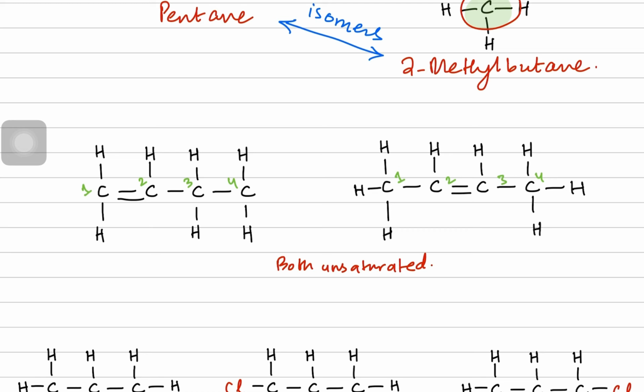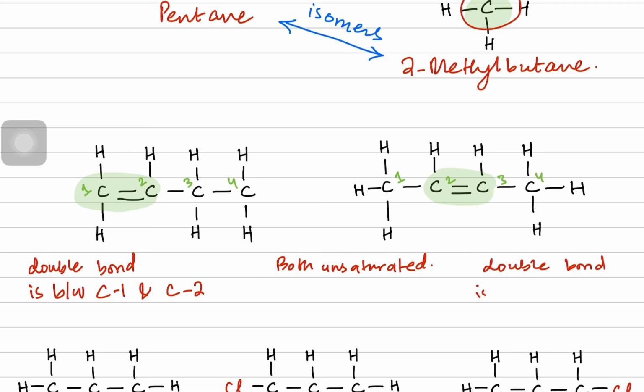The carbon-carbon double bond starts at carbon 1 for the compound on the left, but it starts from carbon 2 for the compound on the right, which means that the double bond is between carbon 1 and carbon 2 for the compound on the left, but the double bond is between carbon 2 and carbon 3 for the compound on the right.